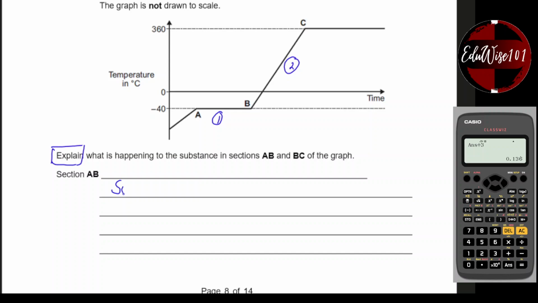The substance is changing state from solid to liquid, right?